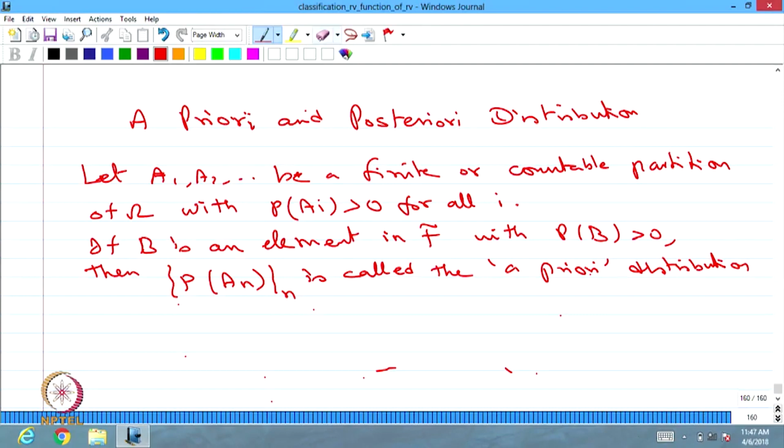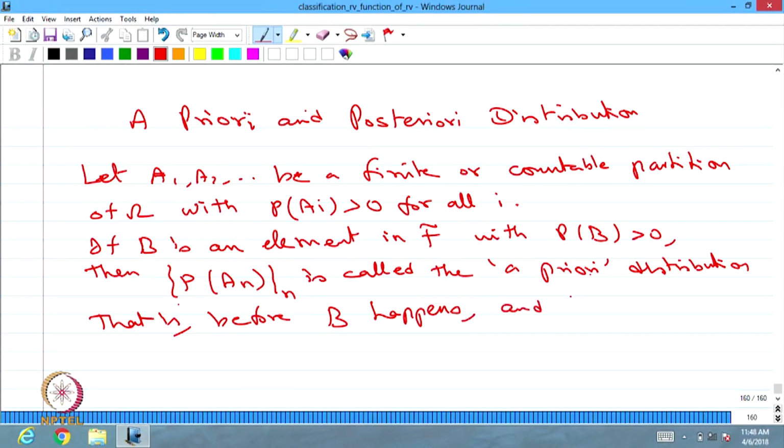Because this information is known to you earlier, this is called the prior distribution, knowing the probability of the partition events for all n, that is, before B happens.